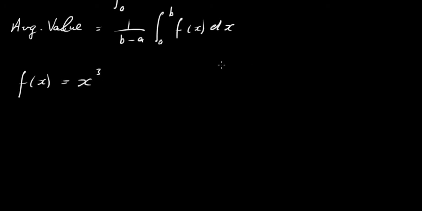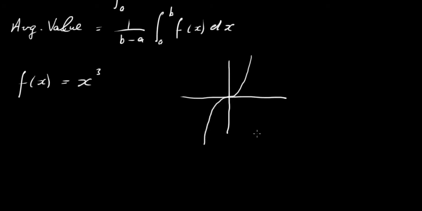Now that function will look like, roughly speaking anyway, something like this. It'll come down along here, flatten out here at the origin, and then go on down here like this.